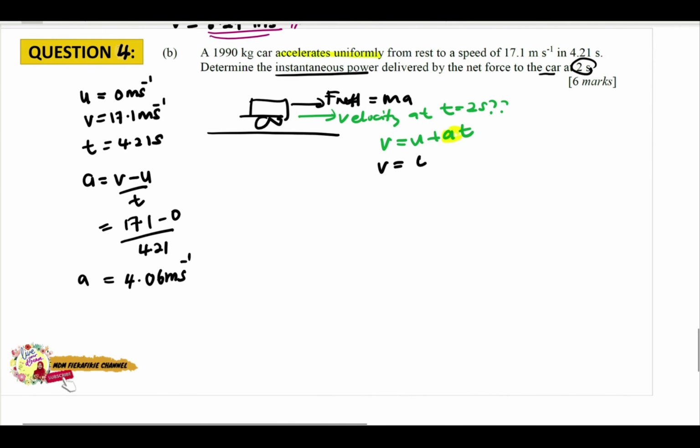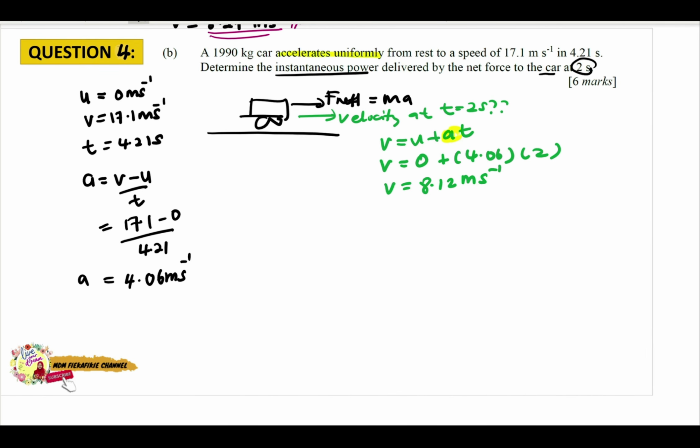So U is 0 plus, saya gunakan hijau lah. Okay. V is kita nak kira lah this one. 0 plus A is 4.06. And T is 4.21. Sorry. T dia adalah 2 second. Okay. So V is equal to 8.12 meter per second.